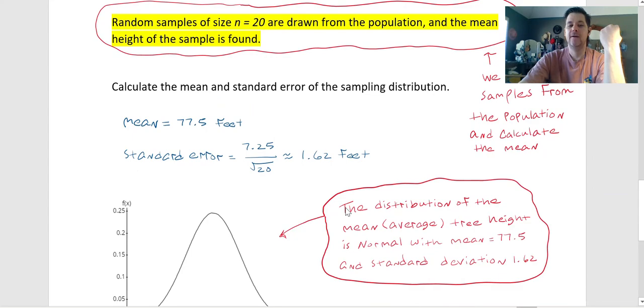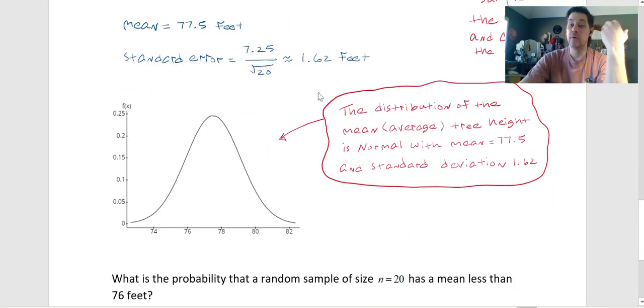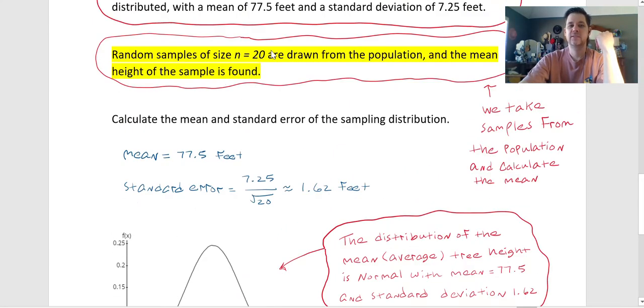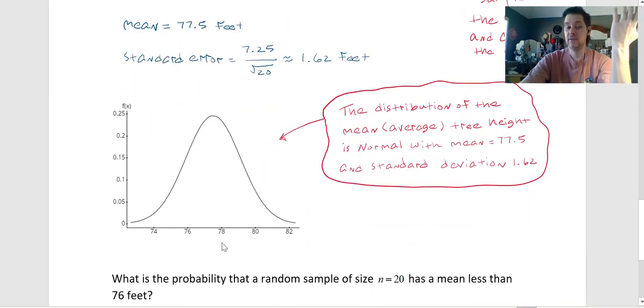Now to put more details to it, the sampling distribution will in fact be a normal distribution, so we can use our normal curve and our calculator in StatCrunch to do the math for us in a very precise way. What I can expect from this average tree height of a sample of 20 trees is for it to look like this. It has a mean of 77.5 and a standard deviation of 1.62, and most of the values are going to be in here.